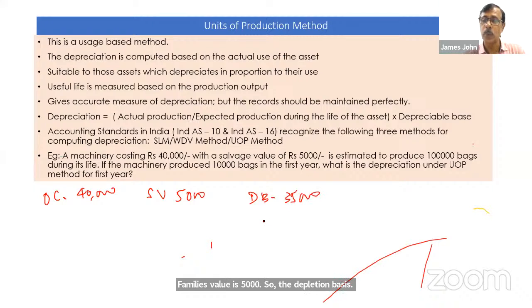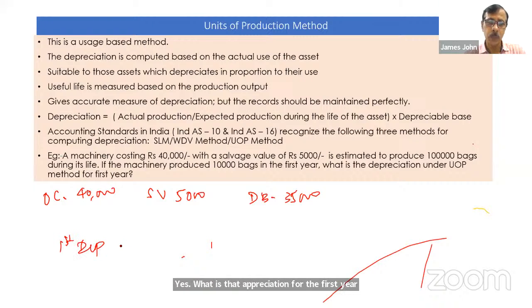It is estimated to produce 1 lakh bags during its life. That means when the production reaches 1 lakh, they have to sell the machinery for scrap. It is not efficient when the production reaches 1 lakh bags. Therefore, in this question, if you want the depreciation as per units of production method, what is the depreciation for the first year?